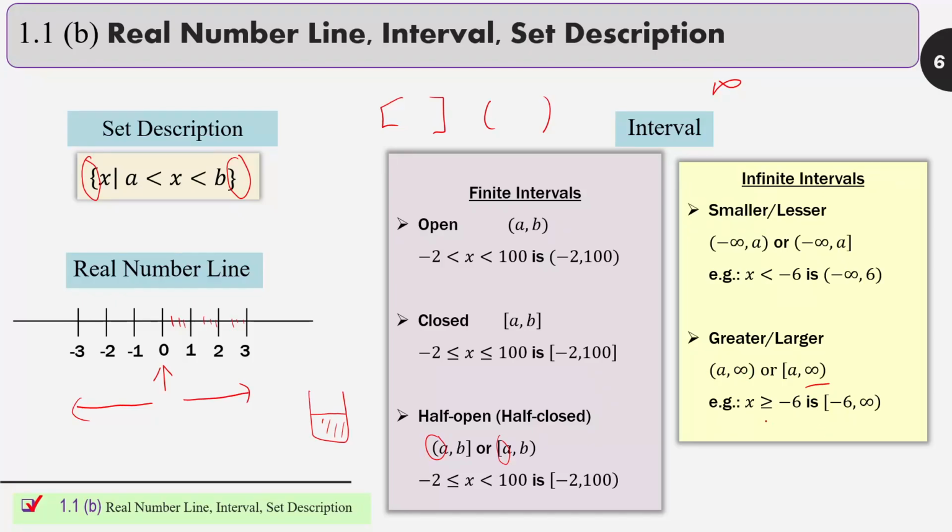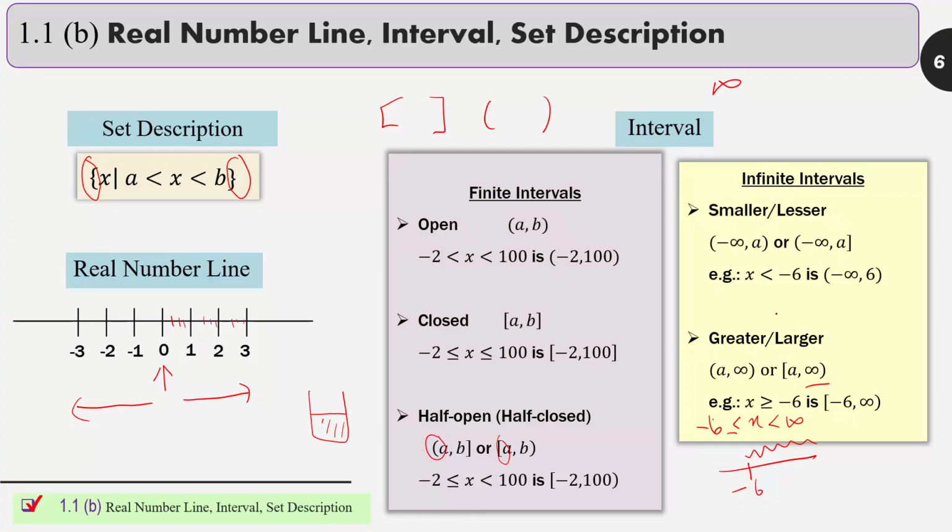Okay, so let's say you have x greater than -6. That means you start from -6 until infinity, or at the same time you can say x from -6, and the upper bound is infinity.